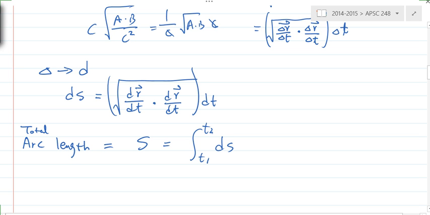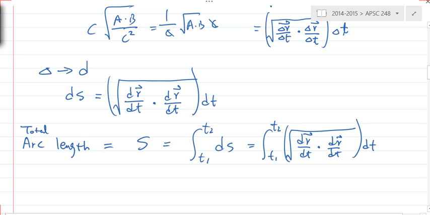We have ds over here, so just plug it into this integral. This is the formula for arc length.